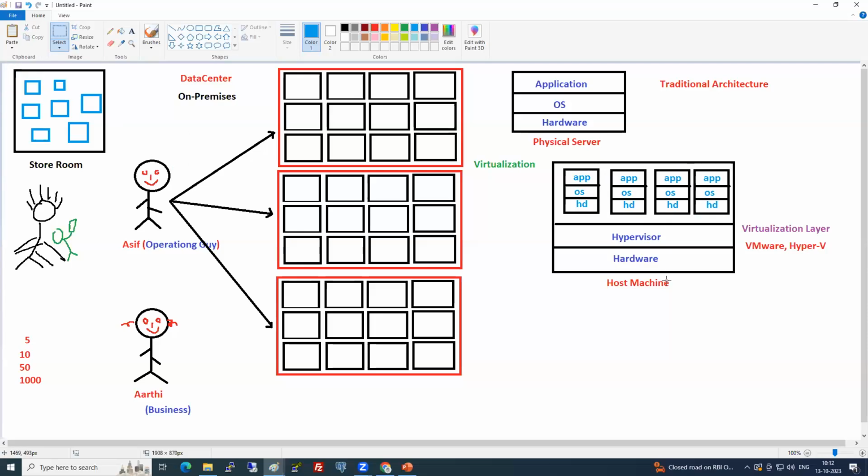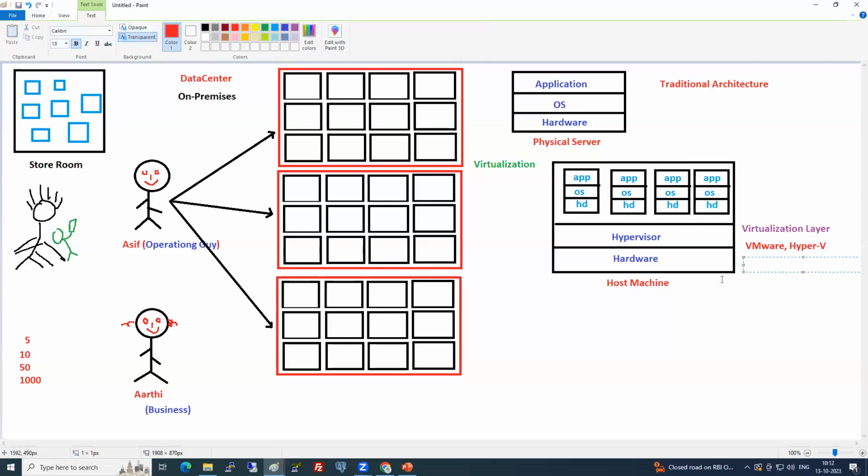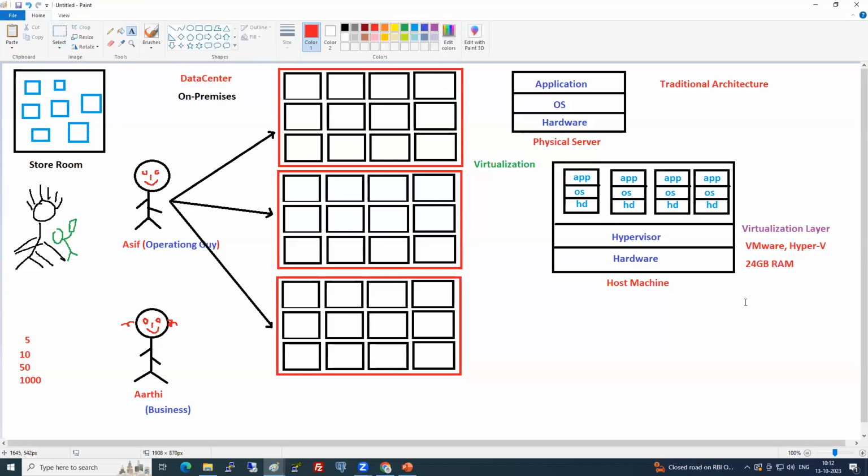Got it? Now I'm giving you one question: how many virtual machines can I create? Let's say this physical machine has 24 GB RAM, and for each virtual machine I need 2 GB RAM. How many virtual machines can you create? 12.